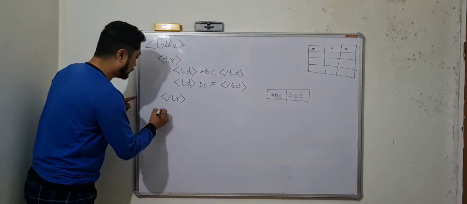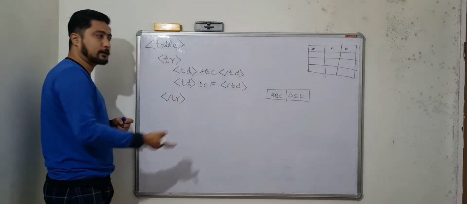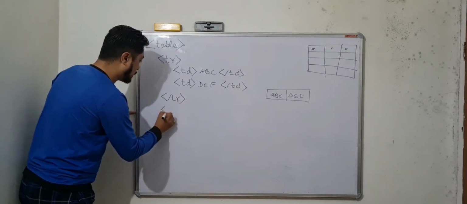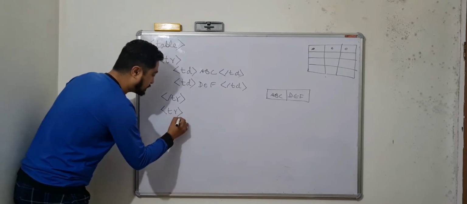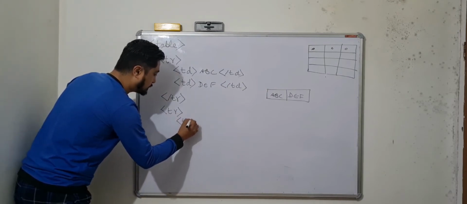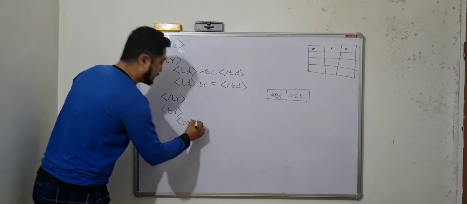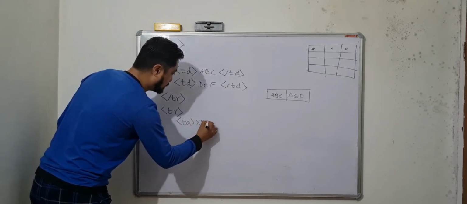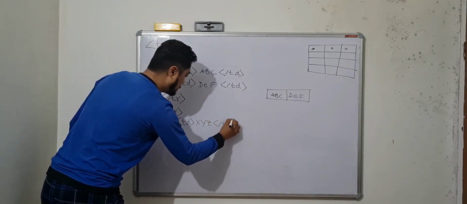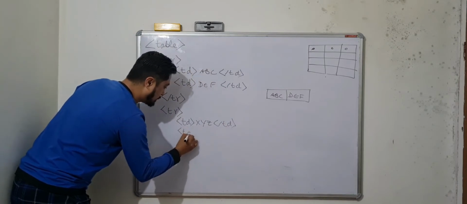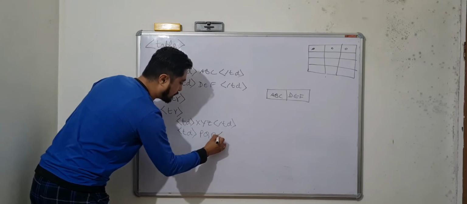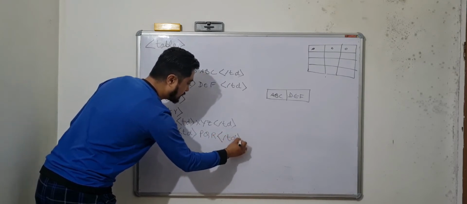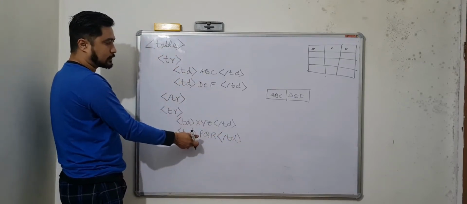Now, if you want to create another row, again write tr and td, and inside this td write xyz, close td, again td, pqr. If you write pqr and close td, that means 2 data you are inserting.